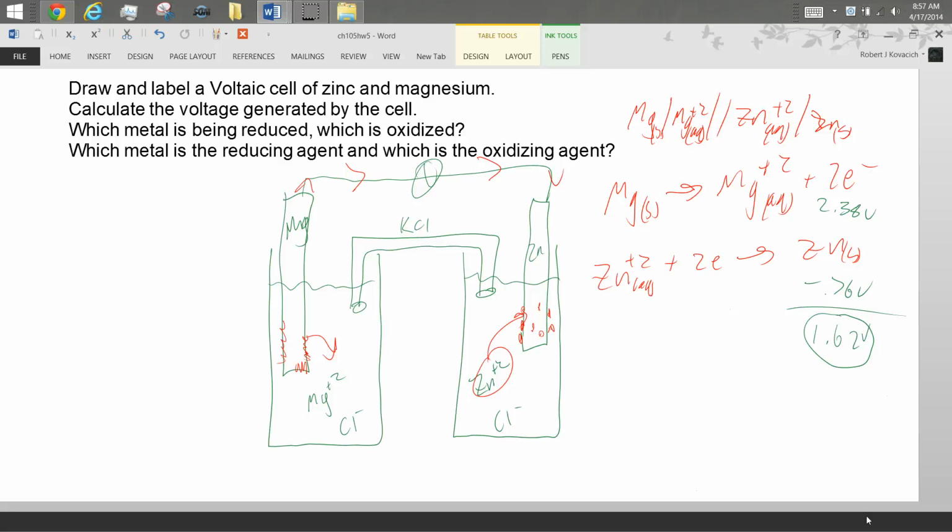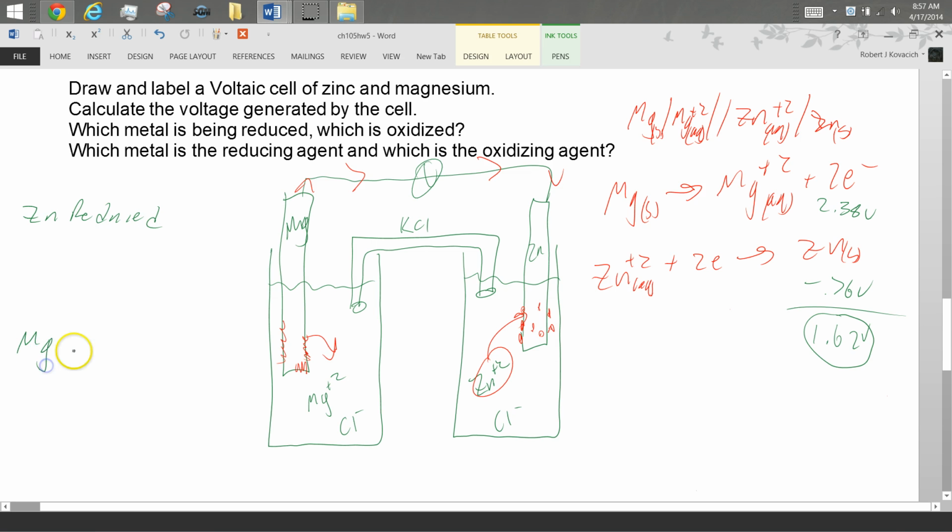Who's being reduced, so whose charge goes down? The zincs, right? So the zinc is reduced. And so who's oxidized? Magnesium is oxidized. Now, when the zinc was reduced, what did it do to the magnesium?